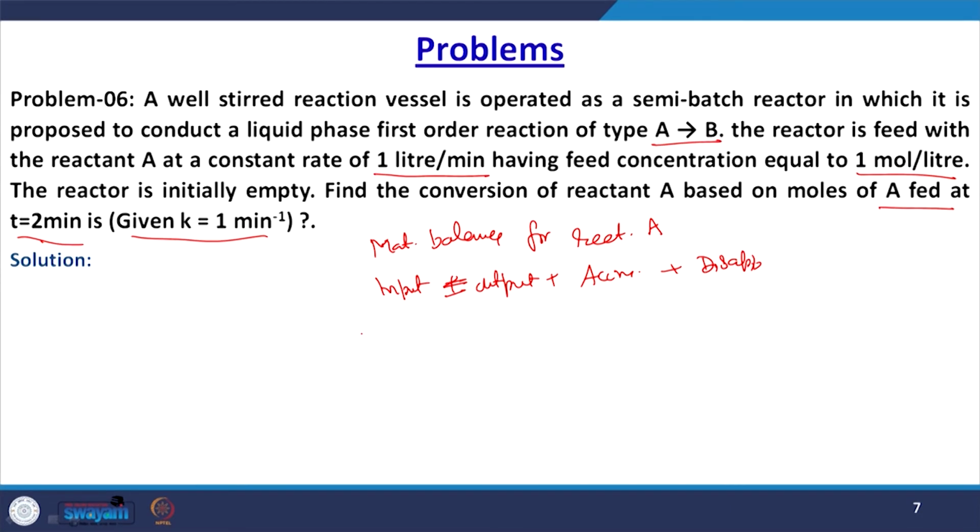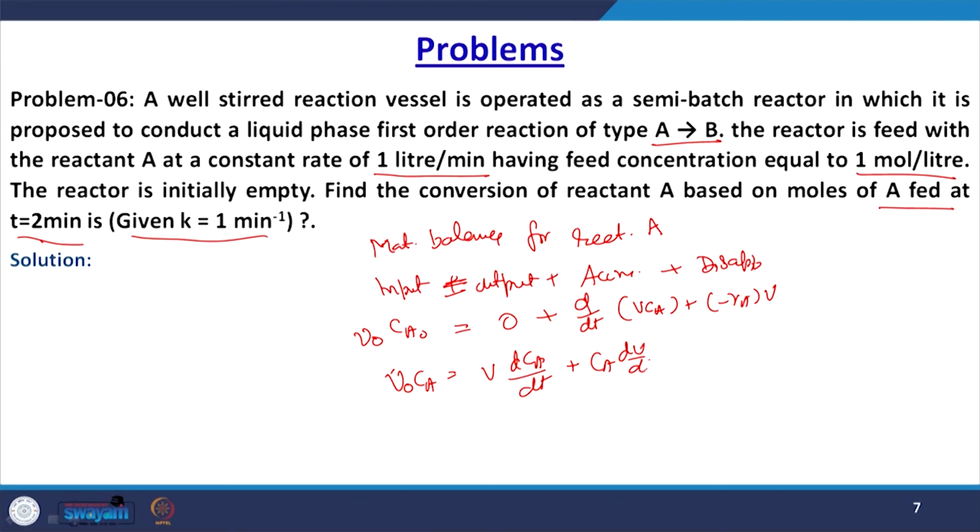If we write this mathematically, V0 CA0 is equal to 0 plus d/dt of (V CA) plus (−RA) V, and so V0 CA0 is equal to V dCA/dt plus CA dV/dt plus k CA V.